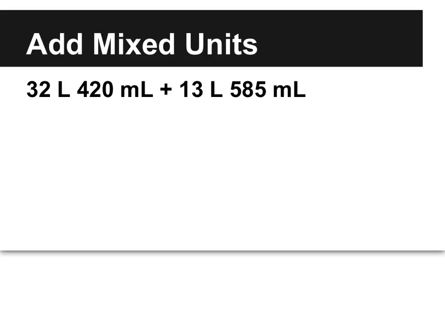Okay, I'm going to work out 2 methods for solving this problem. The first thing I can do is see what I have in common of the same units. I have 32 liters and 13 liters. Those can be added together. 32 liters plus 13 liters is 45 liters.